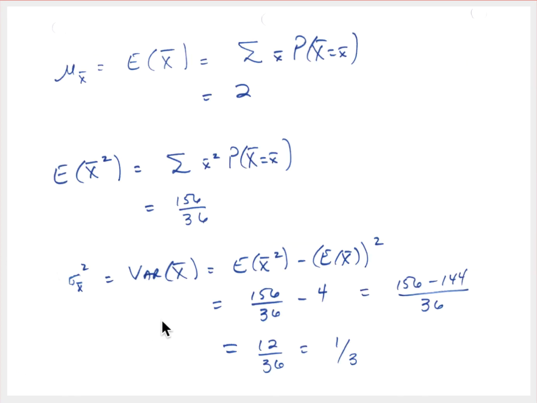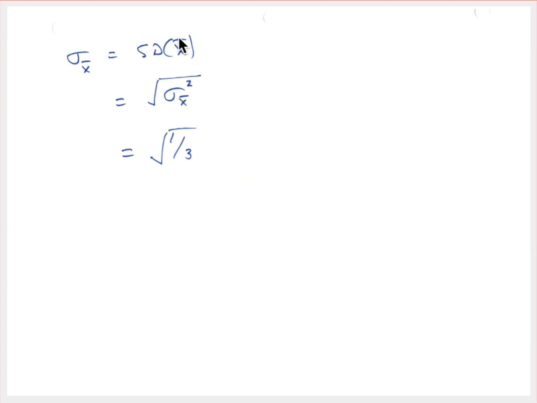And so using the expansion formula for the variance, we get the variance of the sampling distribution of X bar, which can also be written as the variance of X bar. It turns out to be 1/3. Once we have that, we know that the standard deviation of the sampling distribution of X bar, in other words, the standard error of X bar, would be the square root of 1/3.